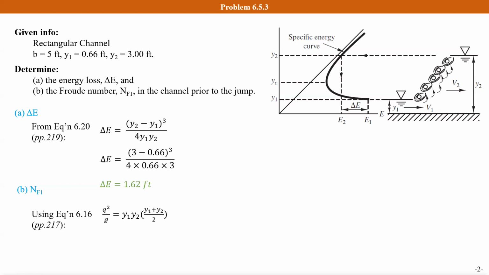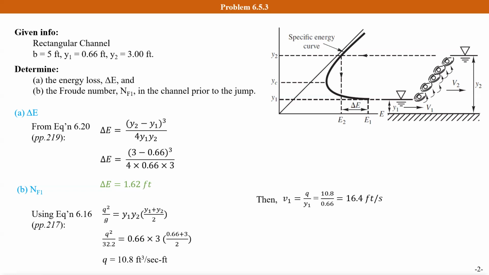Based on equation 6.16, q squared over g equals y1 times y2 times (y1 plus y2) over 2. We can bring the values of y1 and y2 into this equation, and g equals 32.2. Therefore, we get q equals 10.8 square feet per second.